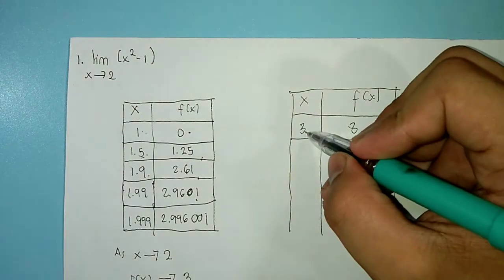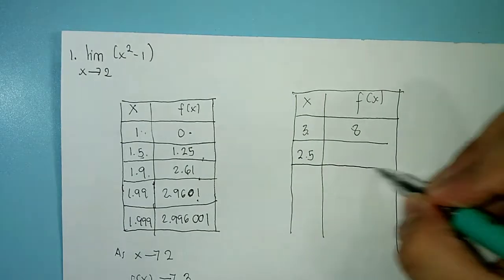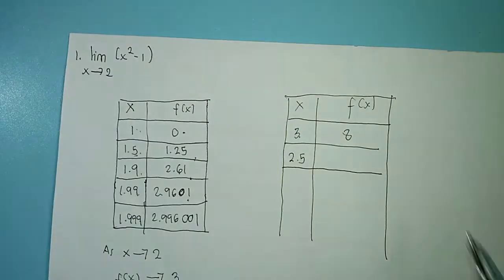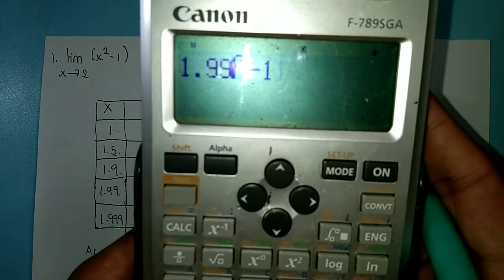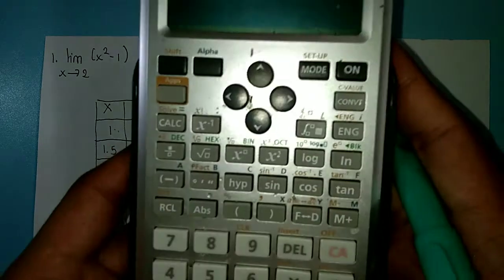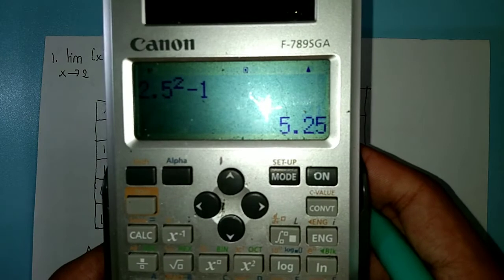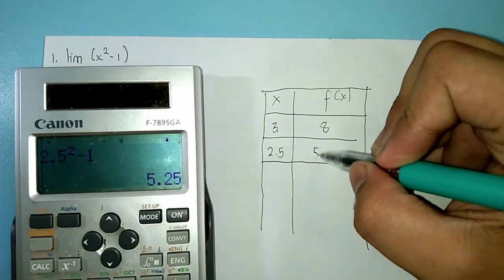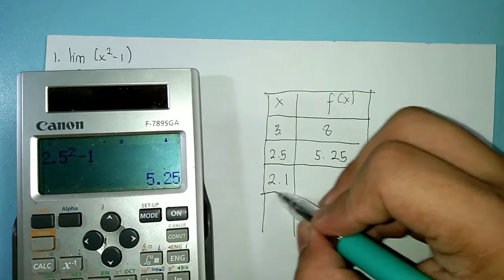Then we go down, approaching 2. We have 2.5. Substitute here, we can use a calculator. 2.5 squared minus 1 will be 21 over 4, or 5.25. Then let's go lower, 2.1.